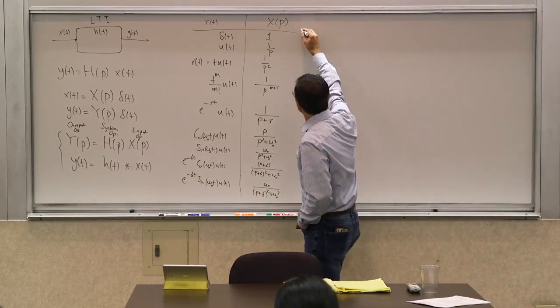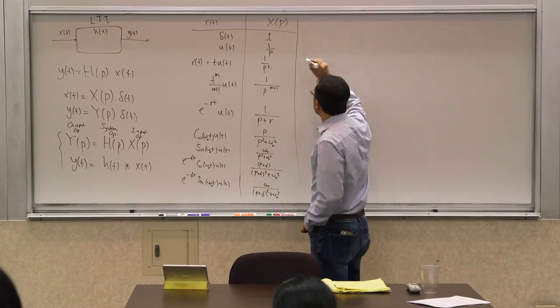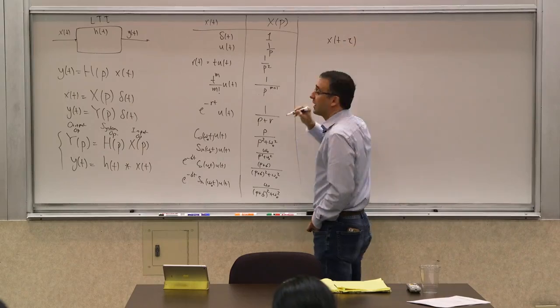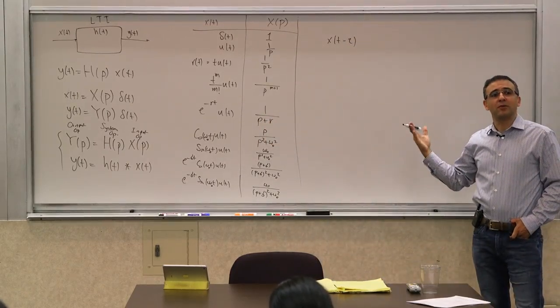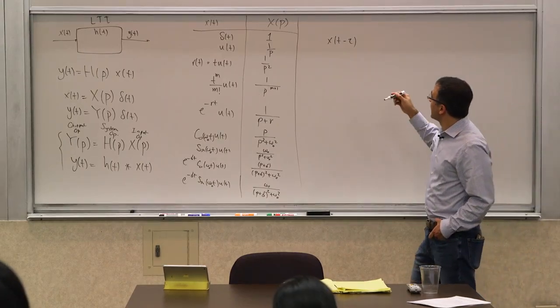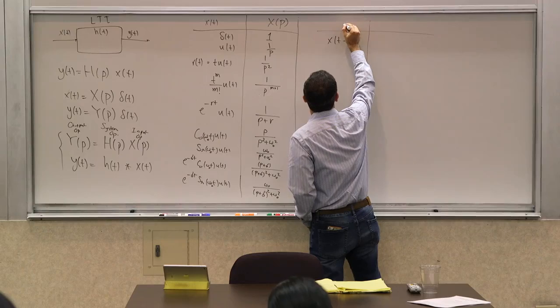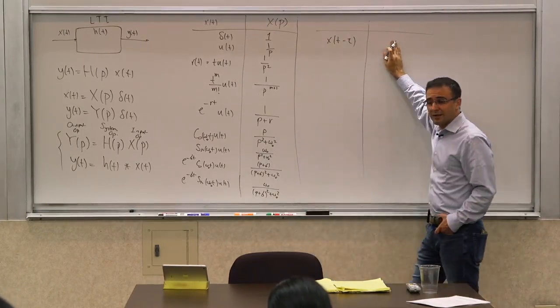The other thing that we did, which was also interesting and important, was the delay function. So we said that if you're looking at x of t minus tau, we did it for h, but it doesn't matter, it's any function. The associated operator, so in the operator domain, what does that look like? We did the derivation last time.